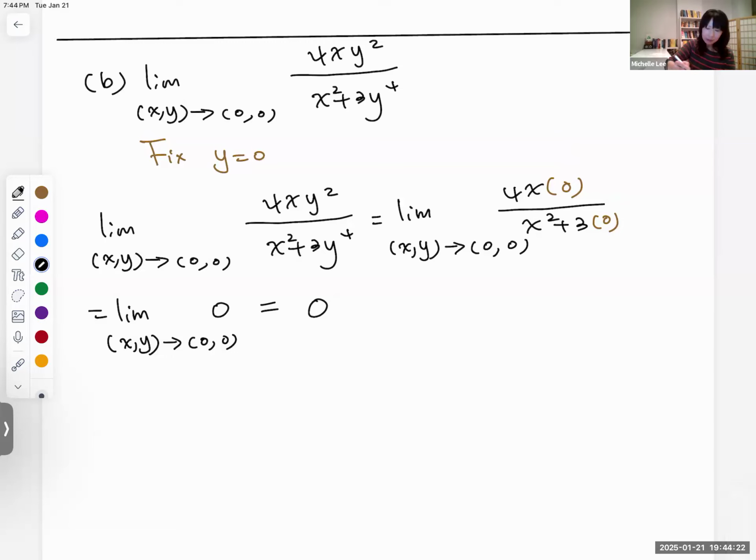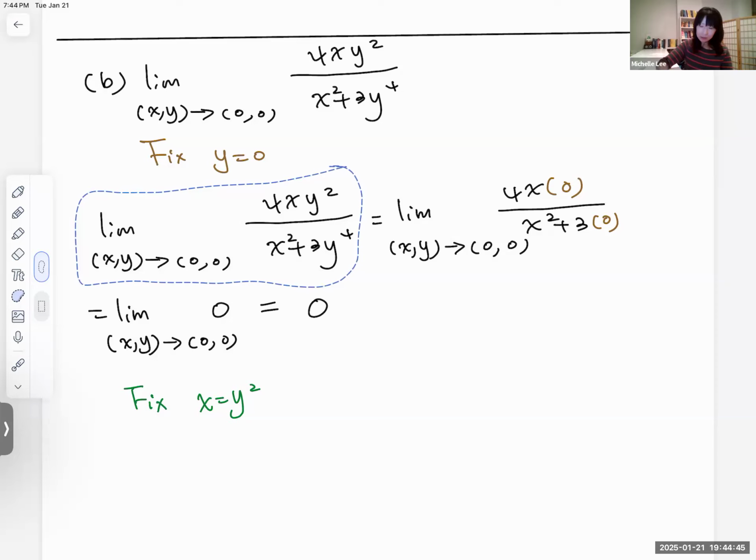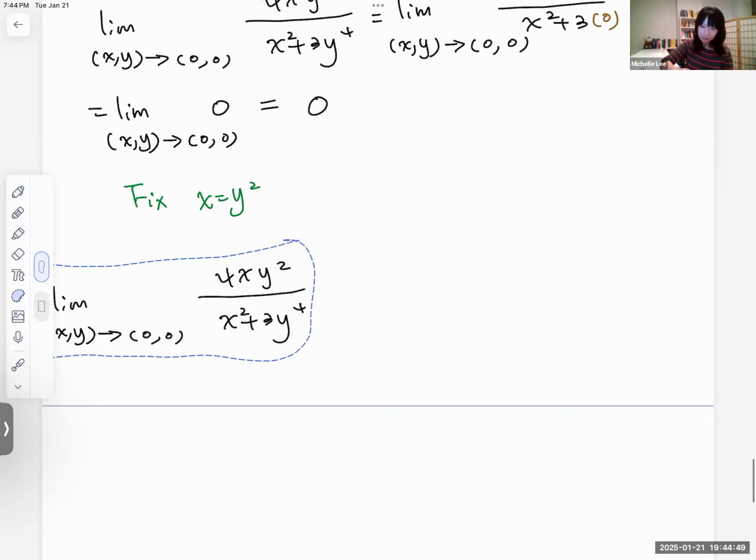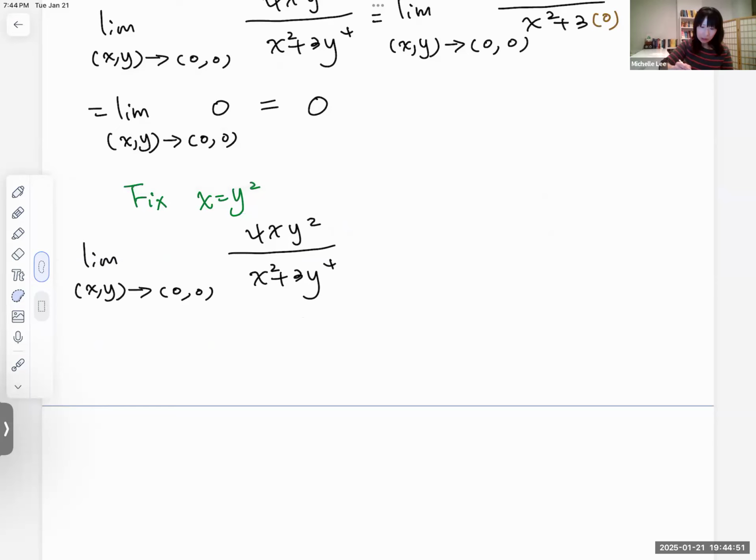Fix x equal to y squared. Okay, let's do it. So we have this.